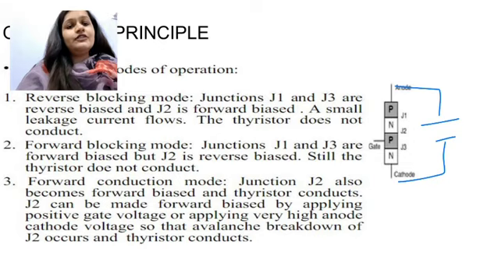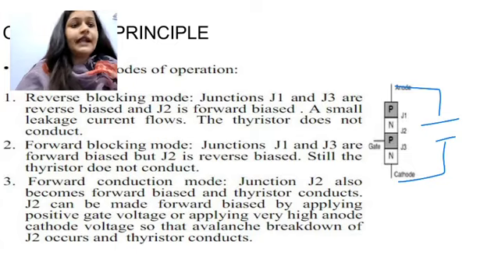This condition is known as forward blocking mode. But while applying more voltage from outside, the depletion layer of junction J2, which was reverse biased, reduces and suddenly breaks down, and current starts increasing rapidly. That condition becomes our forward conducting mode.